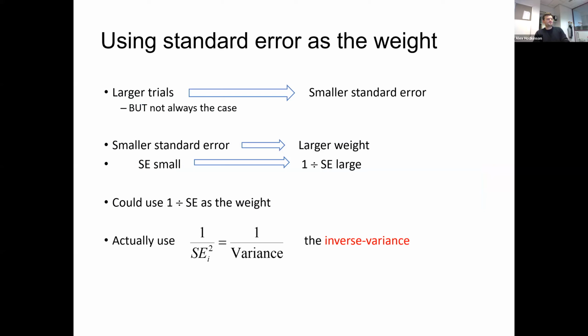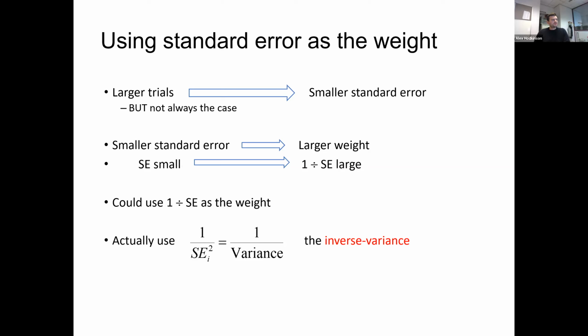One idea is to use the standard error as the weight. In theory, larger trials will have a smaller standard error. This is not always the case, but in most scenarios it is, because they're considered better designs, with better recruitment, and baseline characteristics tend to be quite similar, which is a good principle to start a trial.